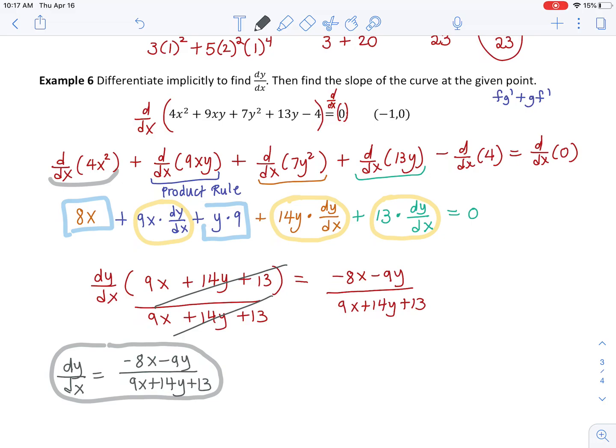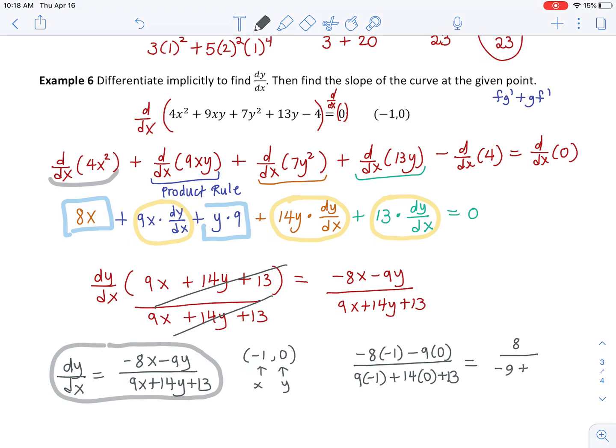Circle that answer for me. You found dy/dx implicitly. This is lovely. Now let's plug in the x and y values. x is -1, y is 0. So if I do substitution, the slope of the curve at this point is going to be -8 times -1 minus 9 times 0, where this is x and this is y, all divided by 9 times negative 1 plus 14 times 0 plus 13.